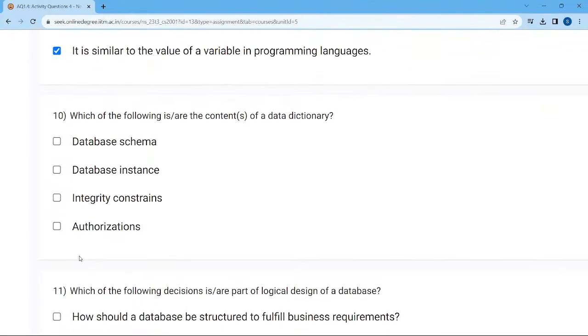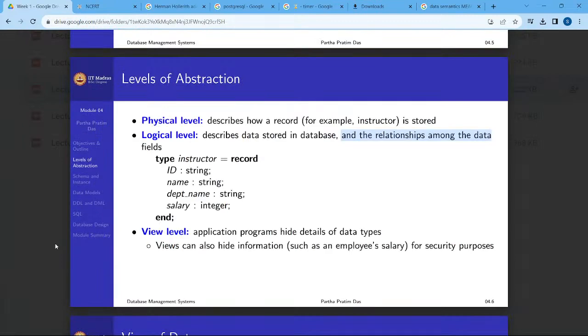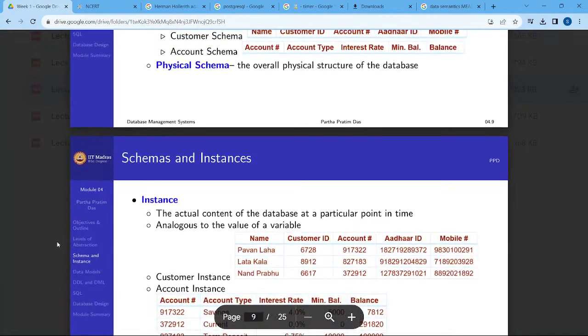Which of the following are the contents of a data dictionary? What are the contents of data dictionary? I guess we read about data dictionary somewhere here.